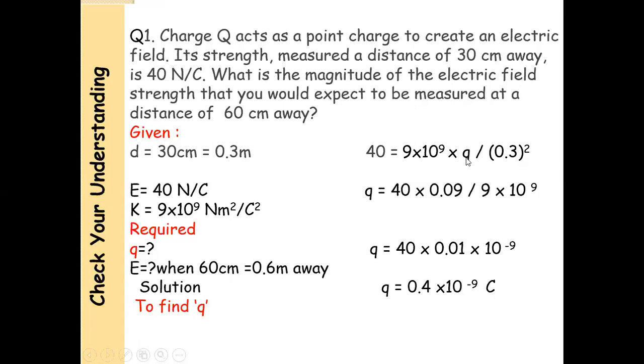Q is the test charge. We need to calculate that before calculating the strength at a distance of 60 centimeter, and this is at a distance of 30 centimeter. So first we are going to find the value of the magnitude of the test charge. The charge is found to be 0.4 into 10 power minus 9 coulomb by applying E is equal to kQ upon d square.